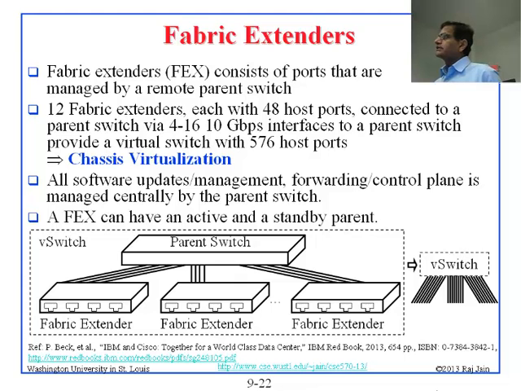All they had was very simple ports, just like your home ports, very cheap, but they were controlled by a parent switch which had a very high powered CPU and could manage 1,000 ports. So you buy a very high powered switch and lots of these cheap fabric extenders, and then you can make a big switch with lots of ports.